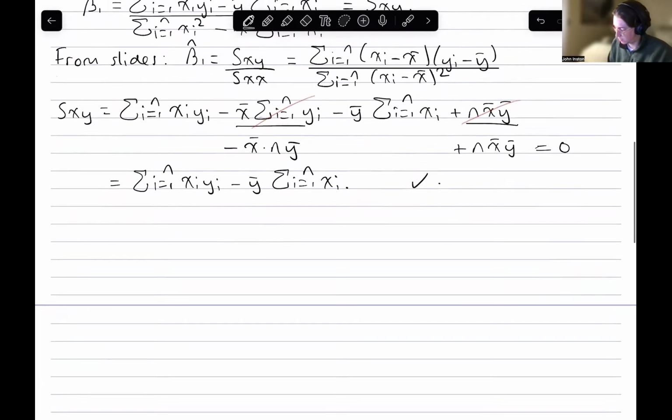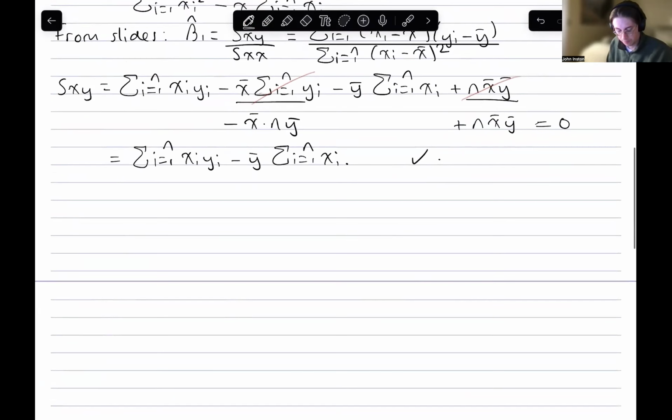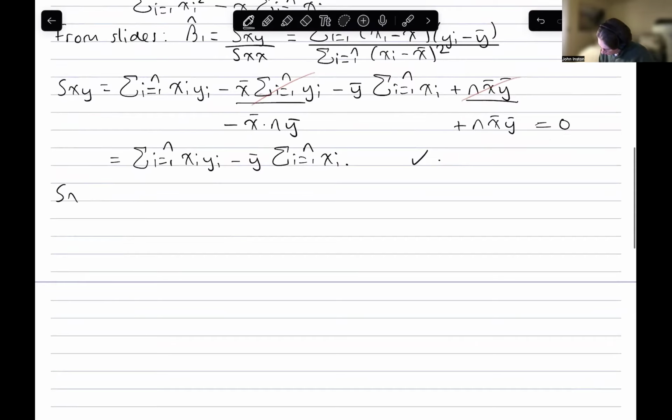And then for the denominator, we have a little bit more computation to make. Let me just check my notes, because things got messy last time I did this. Maybe it's not even worth going through, but we can try starting with Sxx.